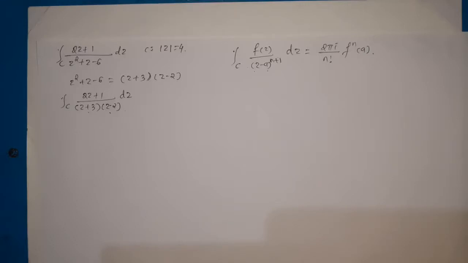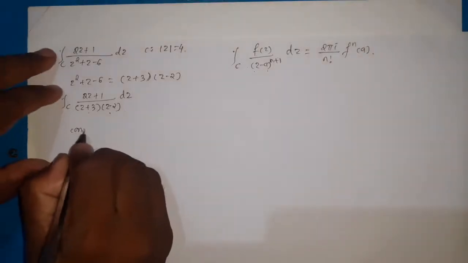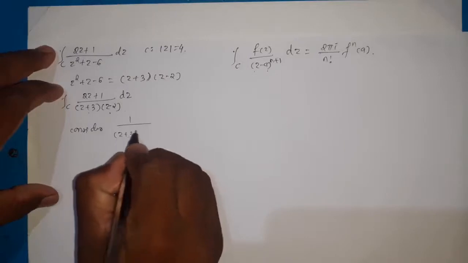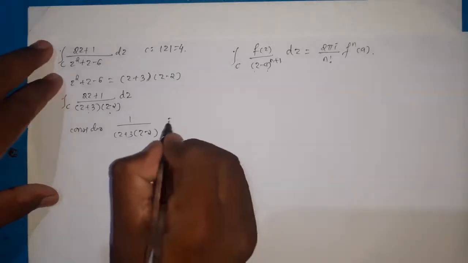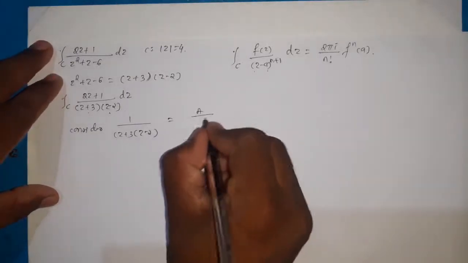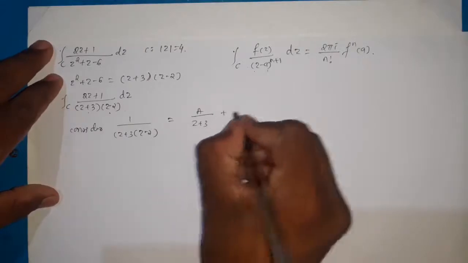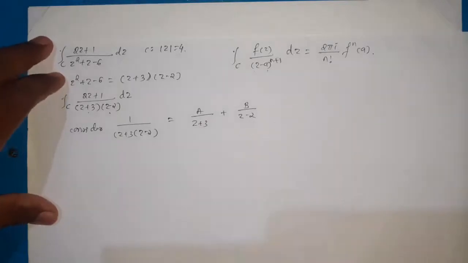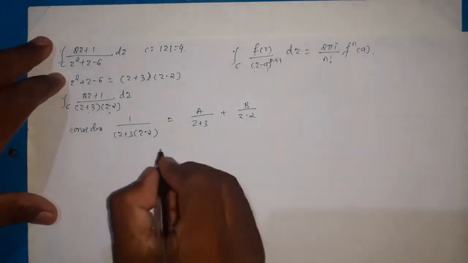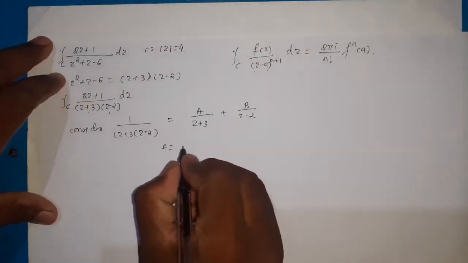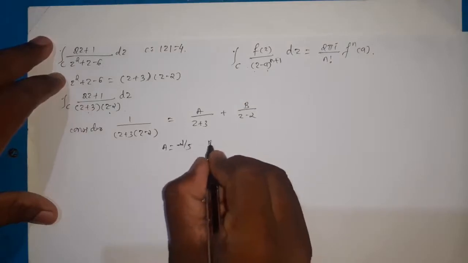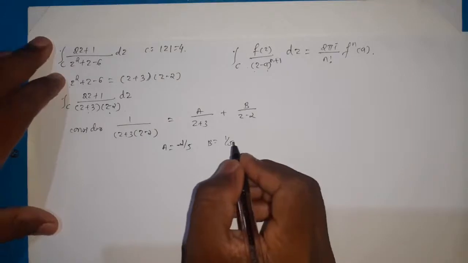So here consider 1 divided by (z plus 3)(z minus 2), which is equal to a by (z plus 3) plus b divided by (z minus 2). So then here the value of a is equal to minus 1 by 5 and b is equal to 1 by 5.